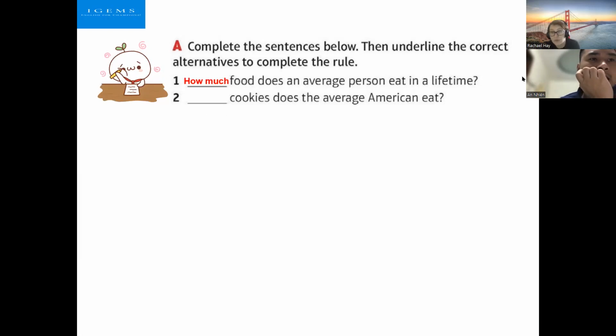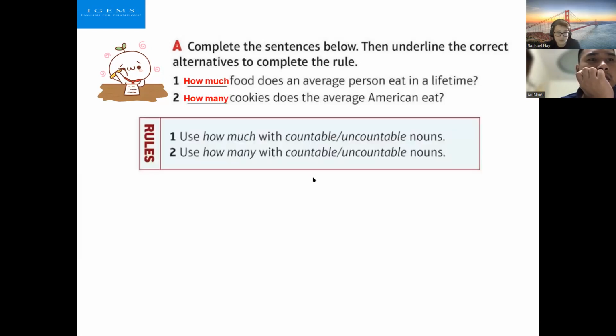And then number two, how much or how many? How many? Good. Okay. So we use how much with uncountable nouns, and we use how many with countable nouns. So 9 times out of 10, your uncountable nouns, like I said to you, do not have an S. We don't say foods. We don't say rices. We don't say sands.